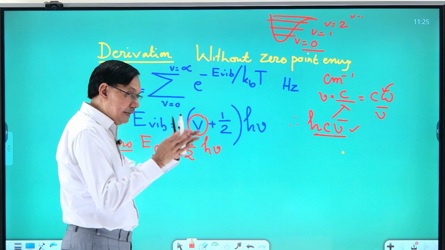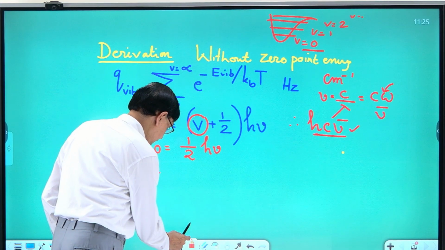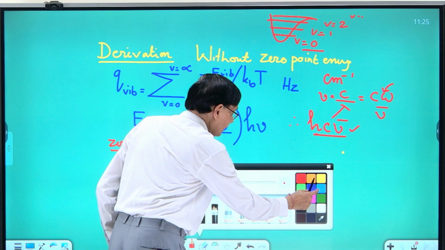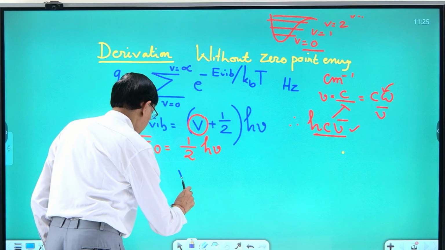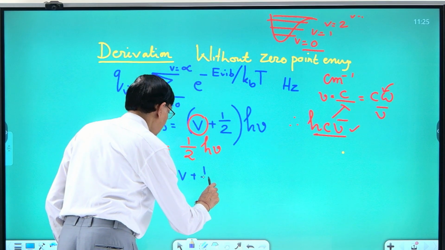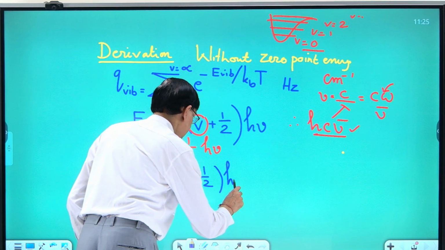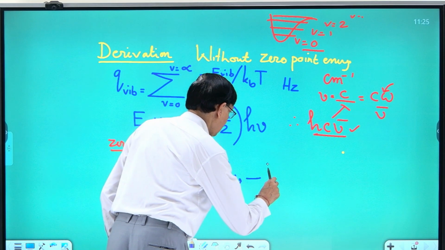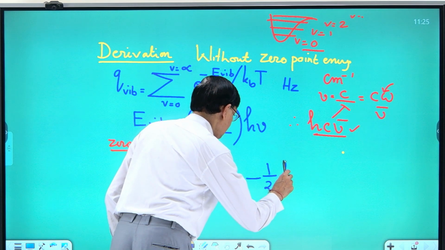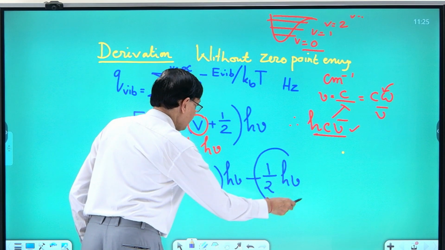So the net vibrational energy must be, again using this formula, V plus half h nu minus half h nu. So you know that the half h nu cancels with half h nu.